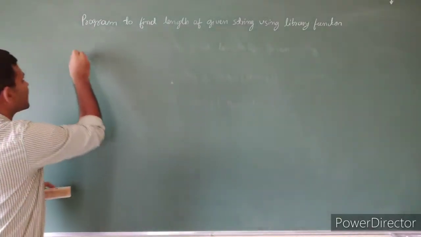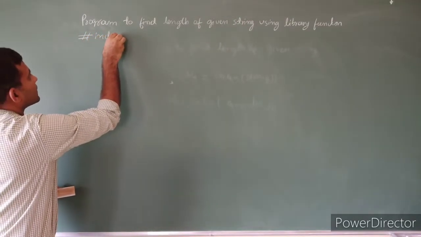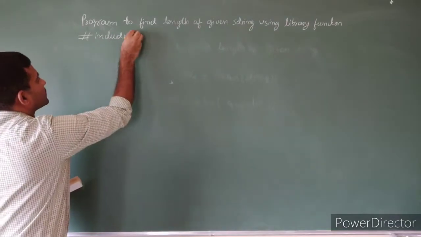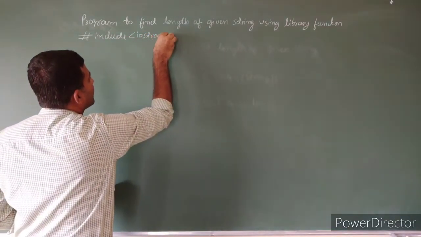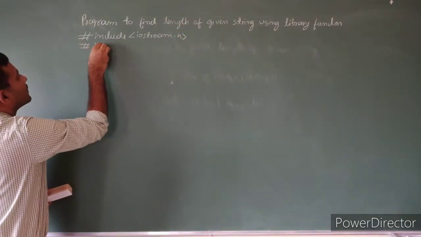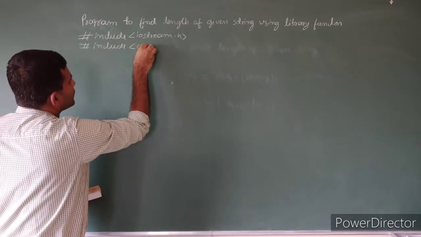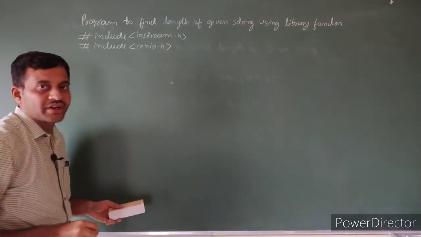Hence in the linker section, you have to include string.h. Hash include iostream is necessary for all programs. Then the second one is conio.h. Conio stands for console input output header file.